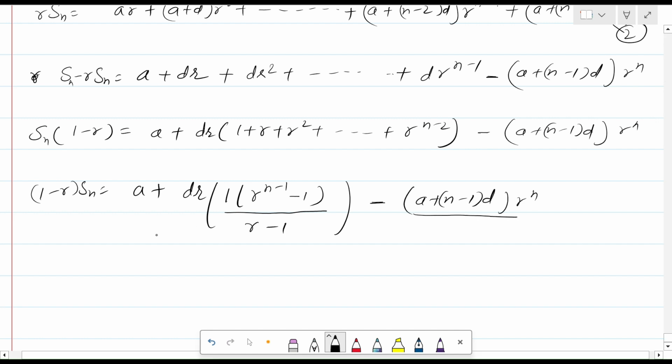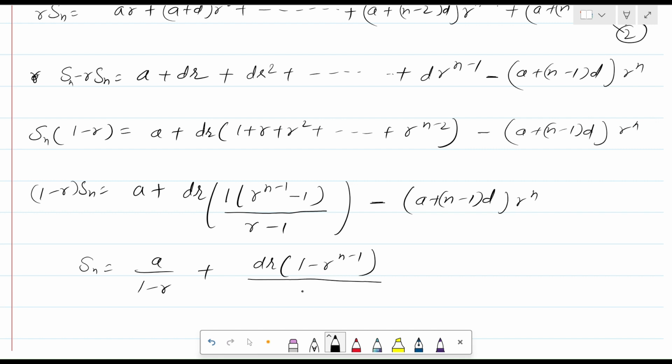Okay. So now if dividing both the sides by 1 minus r, then what will it be? a upon 1 minus r plus dr, if I am multiplying this term in numerator and denominator by minus 1, then 1 minus r raised to the power n minus 1 upon 1 minus r from here.